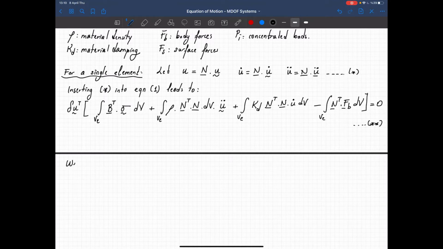So I'll say that we can further write the equation in the following format.